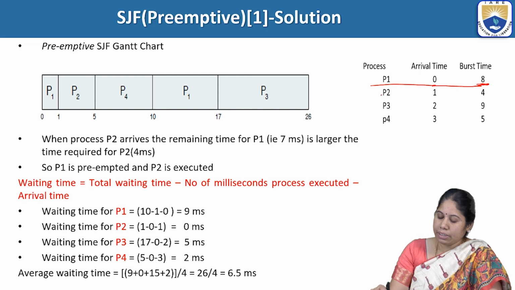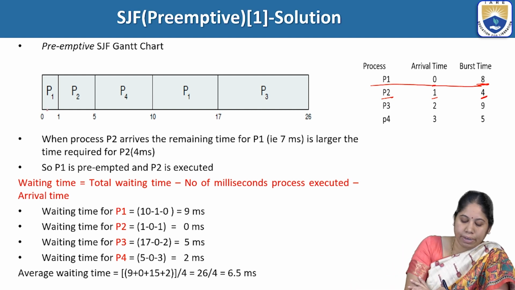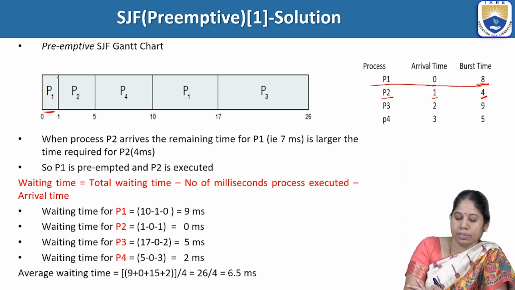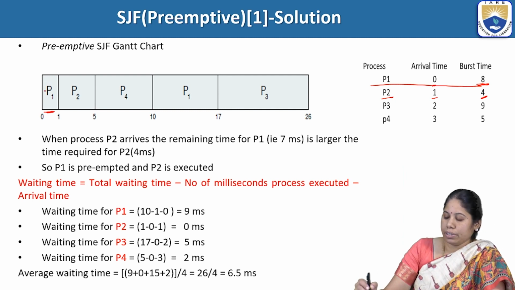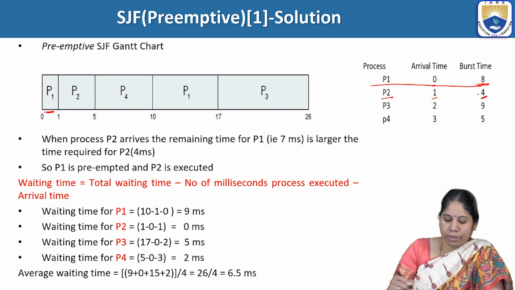After that, at time 1, P2 has also entered the ready queue with a burst time of 4. So for 1 millisecond, P1 is executing.